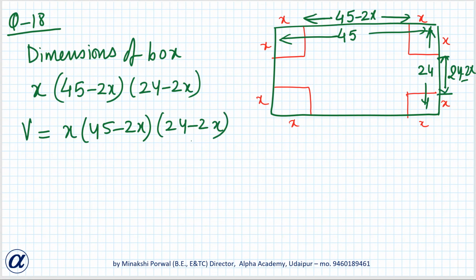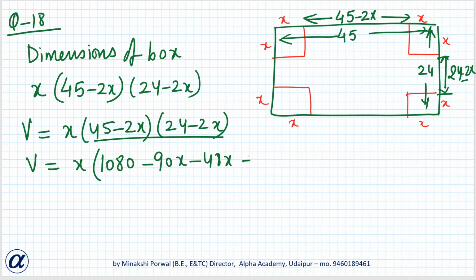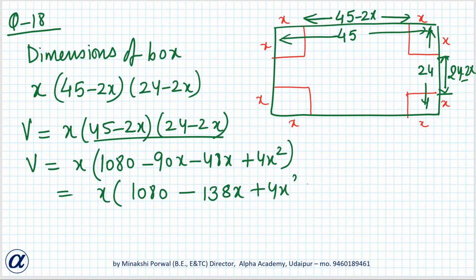V equals the product of both, so 45 into 24, 1080 minus 90x minus 48x plus 4x square. That is equal to x into 1080 minus 138x plus 4x square.